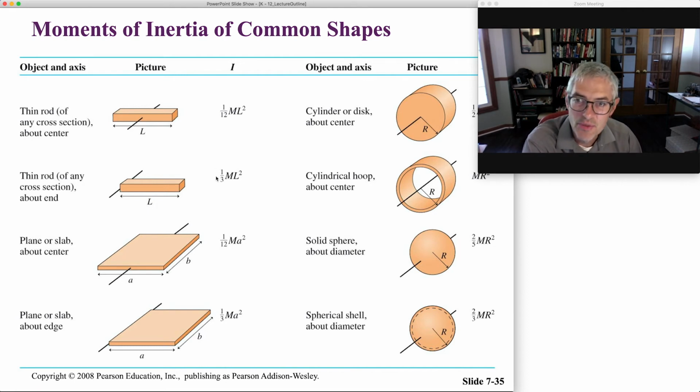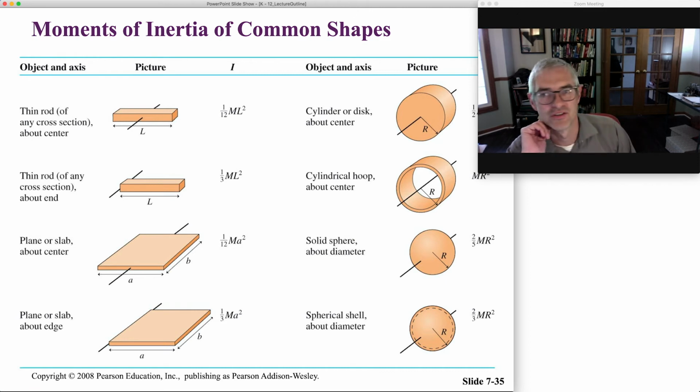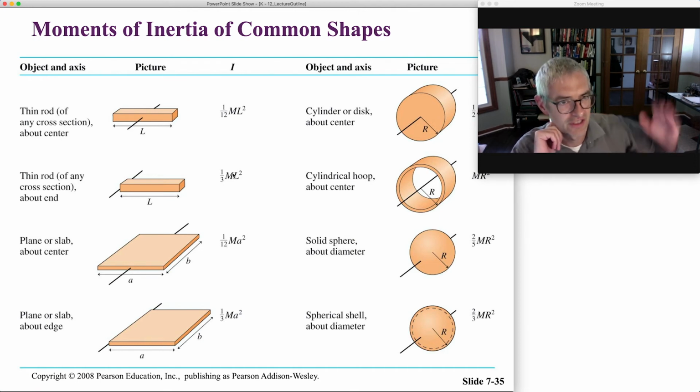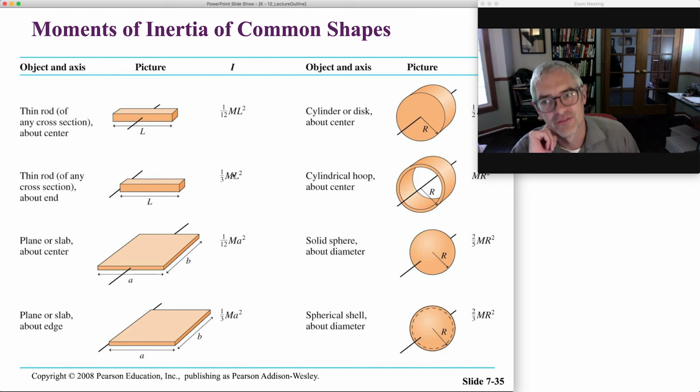And you notice that the moments of inertia are different. The moment of inertia up here is a little bit smaller than this one, because the mass is all closer to your axis in this case. This moment of inertia is seeing how hard it is to rotate the mass. So the further away the mass is, the harder it is to rotate. So it's a little bit more here, because the mass is extended further away from your axis.